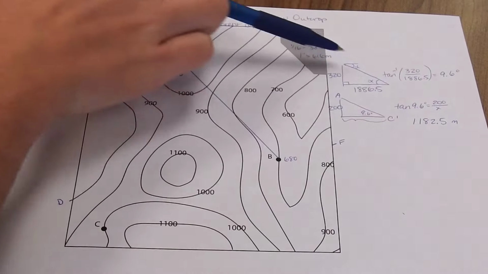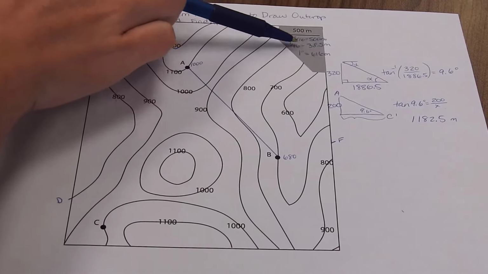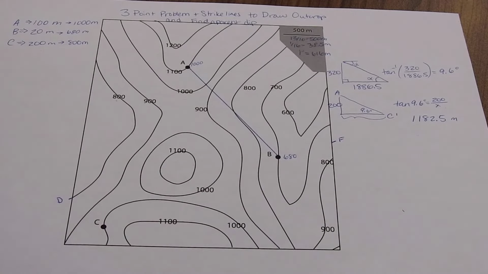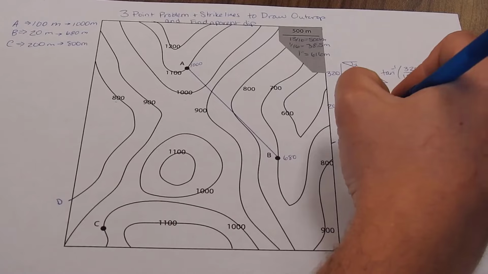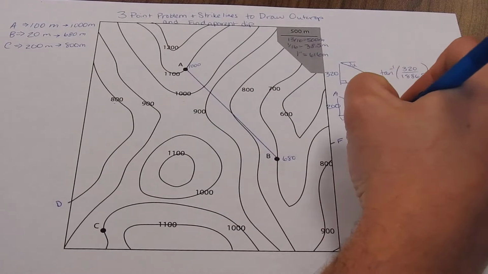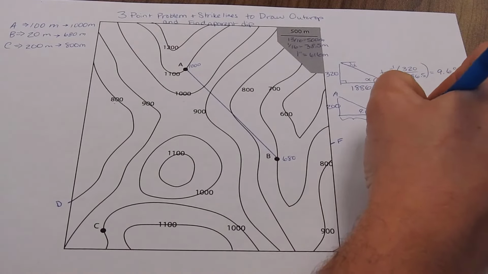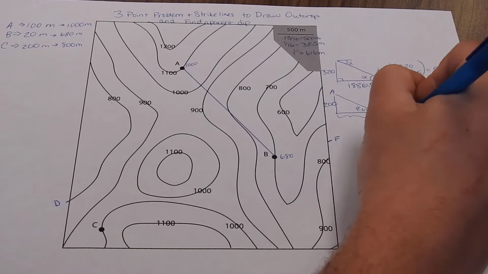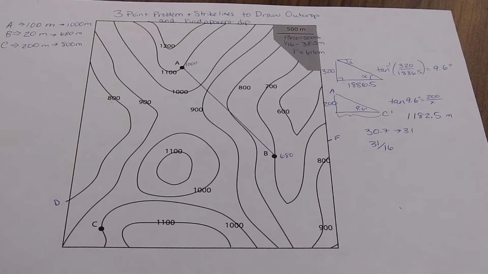So we're going to divide this by what we would have for 1/16 to find how many 16ths of an inch we're going to need. 1182.5 divided by 38.5. I get 30.7. We're just going to round that up to 31. So that is 31/16. So almost 2 inches.